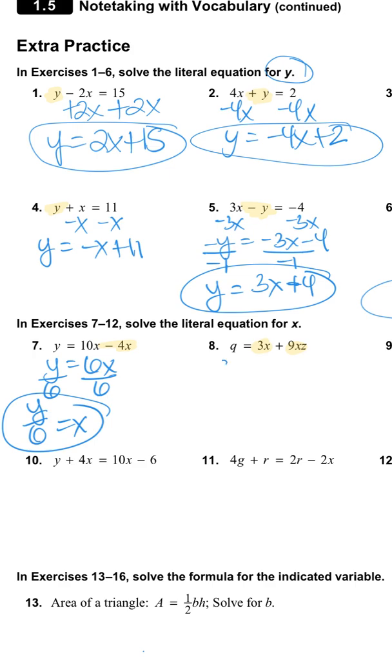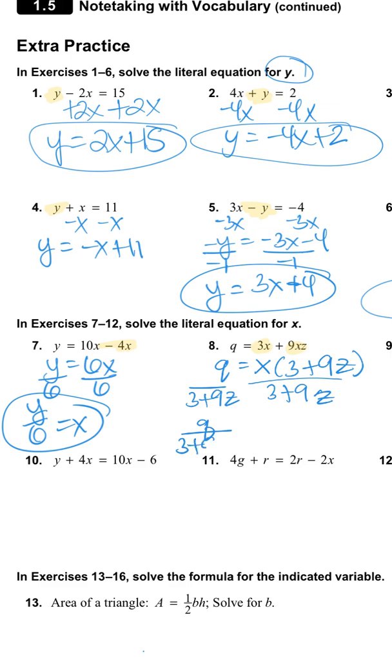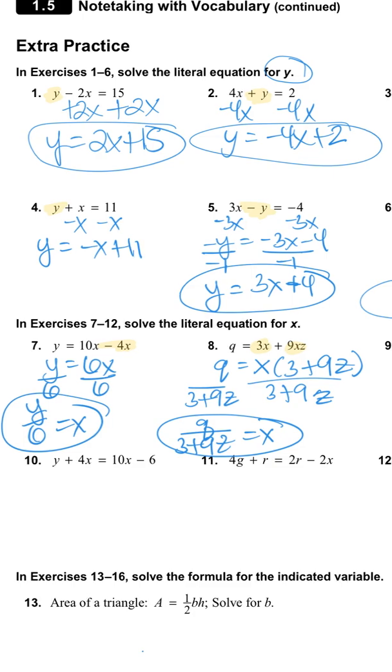So remember that we are going to undistribute that x and then have 3 plus 9z. And then we're going to divide by both of those terms together. And so q divided by 3 plus 9z equals x once we undistribute that and then move it.